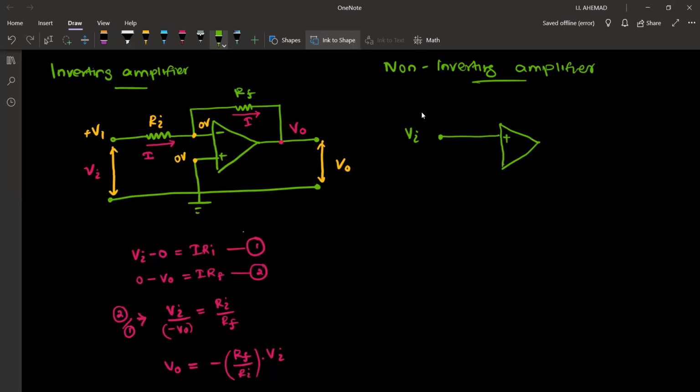Anyhow, we will have a negative feedback. Negative feedback is necessary. The feedback resistor. And this is connected to ground.